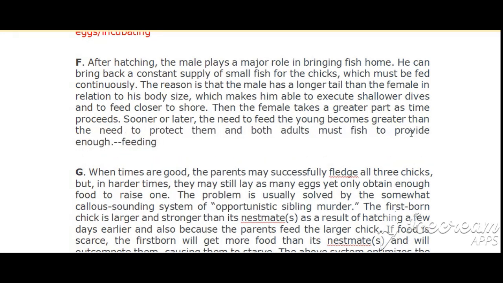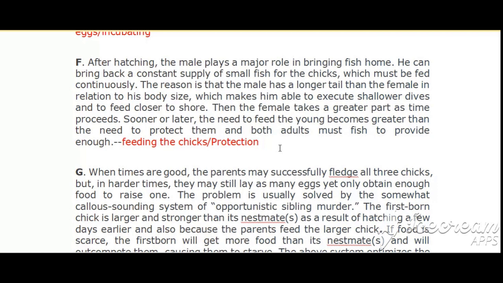Male feeding the chicks. This paragraph is about feeding the chicks. Sooner or later the need to feed the young becomes greater than the need to protect them. So protection also. So we write these words here.